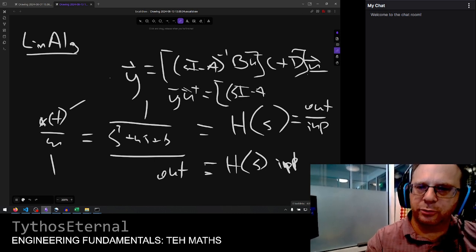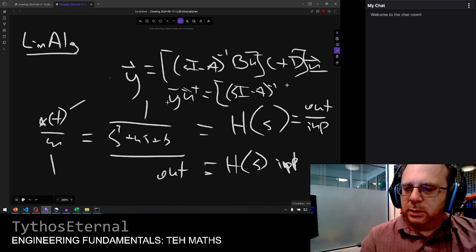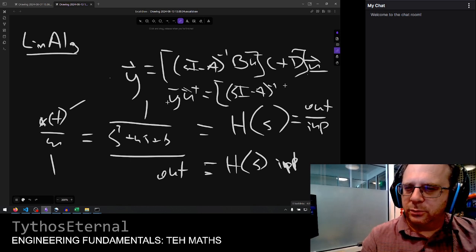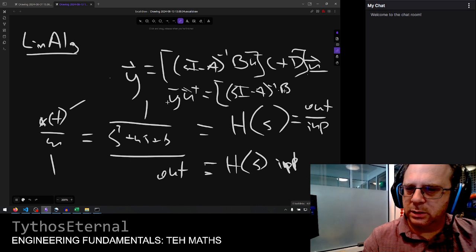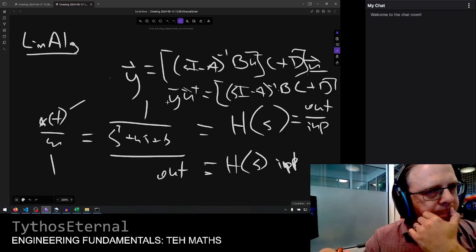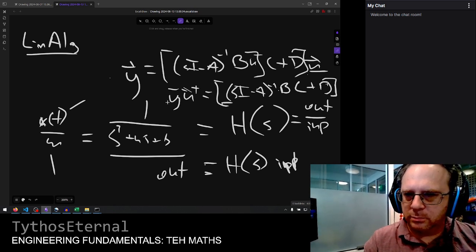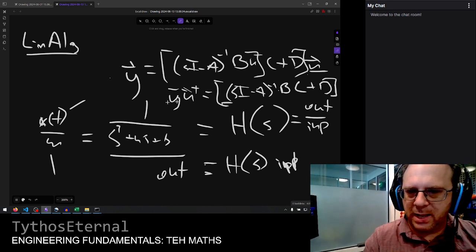I'm pretty sure I have this wrong on the right-hand side, so please forgive me. Given some desired output, we can try and solve for the input.